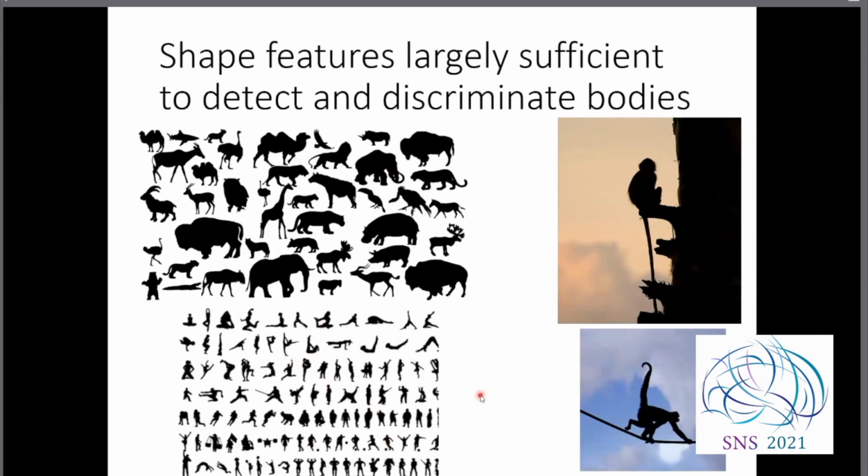Again, it doesn't mean that other kinds of features, for instance shading and texture, and features that signal depth, like binocular disparity, don't contribute to the response or selectivity in these body patches. But predominantly, I think shape is an important factor.